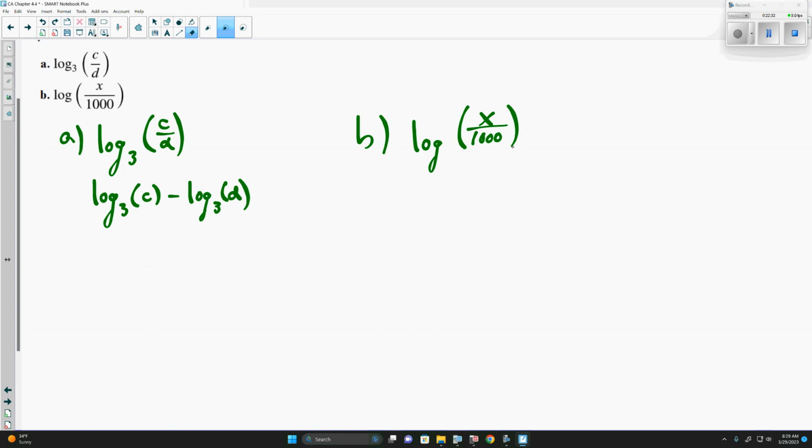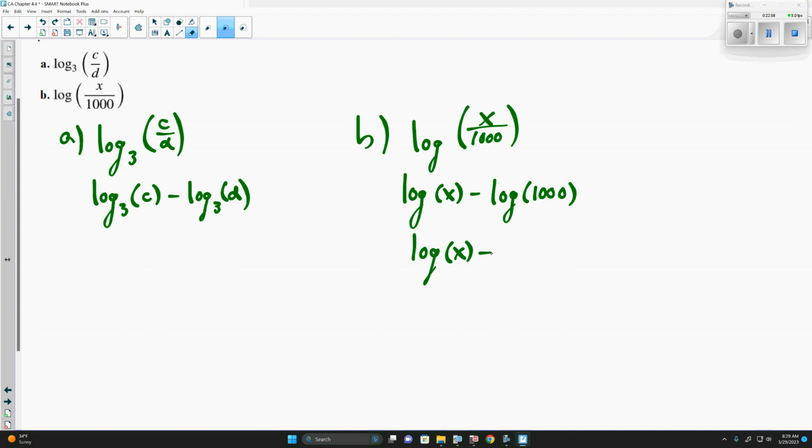Now the other one we have is log of x over 1,000. Since we have two things being divided, we can say this is log of x minus log of 1,000. Now since the base and the number inside of it can be rewritten as the base to a power, we can actually simplify log of 1,000.